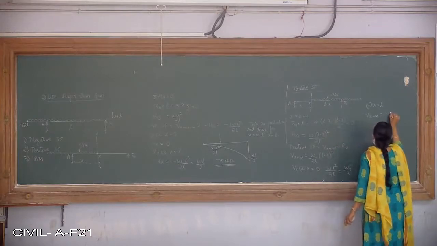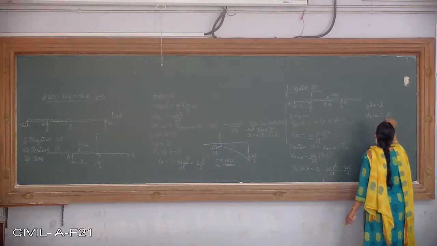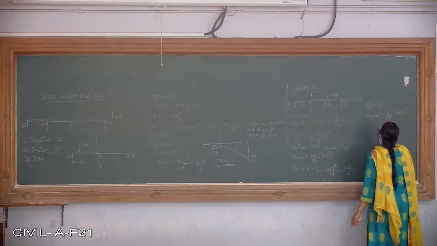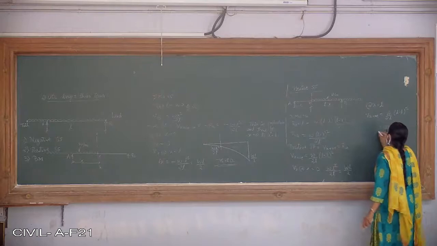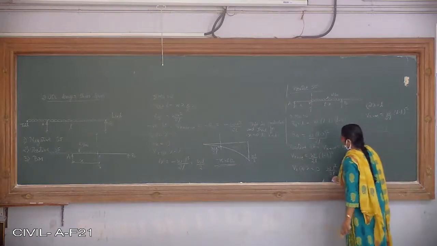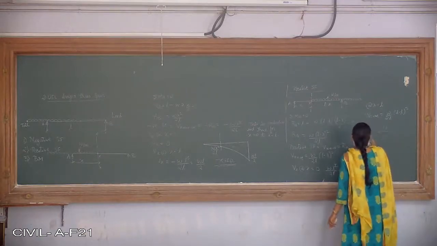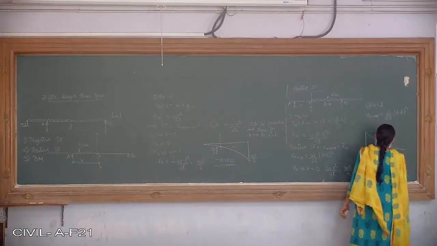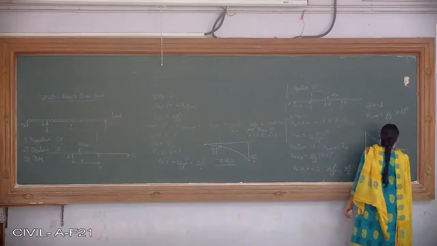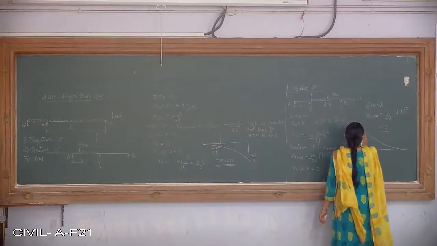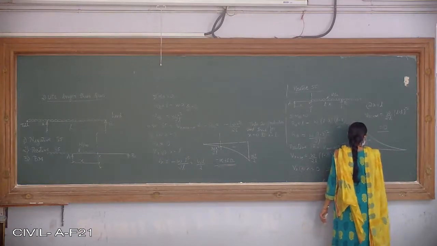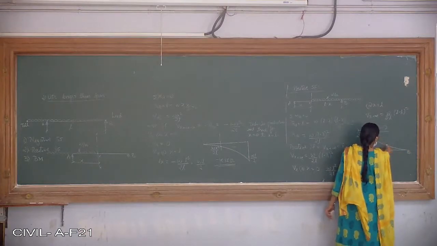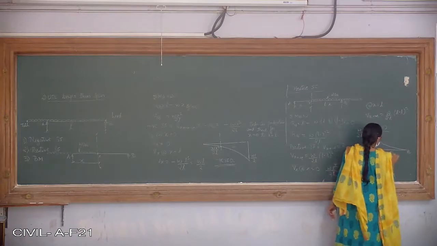So W upon 2L into L minus L square, which is nothing but 0 here. So it is 0 at B. So the figure of the positive shear force diagram is going to be something like this. It is WL upon 2 here at A and 0 at B. This is the positive SFD.